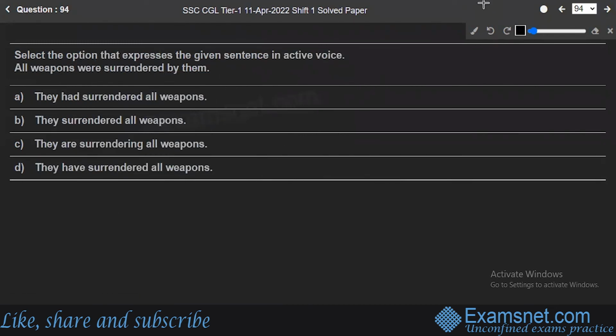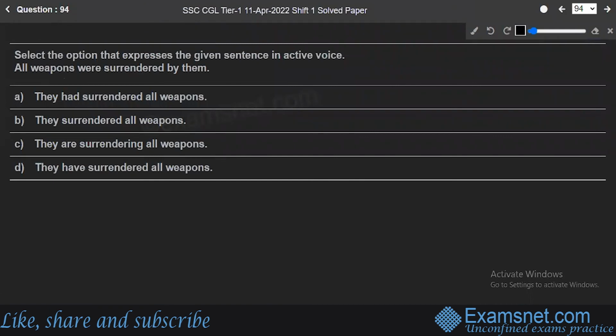So you have to select the option that expresses the given sentence in the active voice. All weapons were surrendered by them. And the options are: they had surrendered all the weapons, they surrendered all weapons, they are surrendering all weapons, or they have surrendered all weapons.